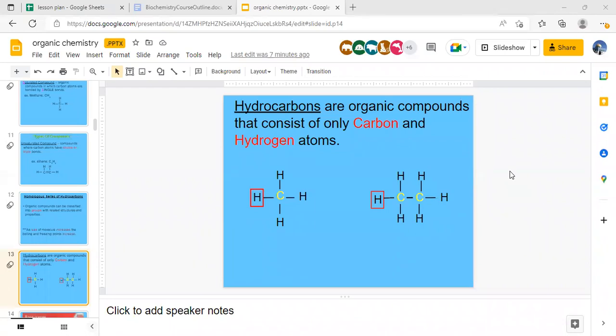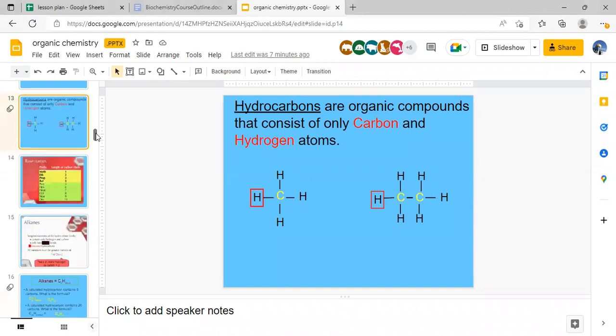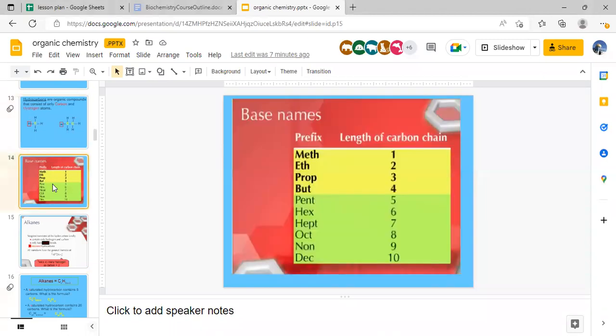Okay, so hydrocarbons are organic compounds that consist of only carbon and hydrogen atoms. So you have prefixes here. You have the length of the carbon chain.